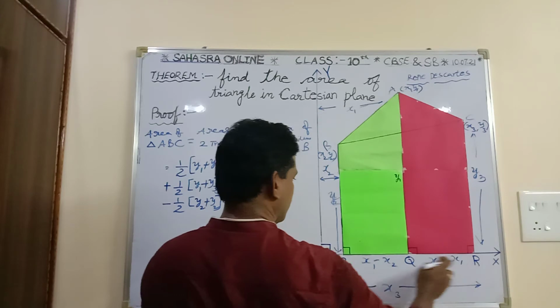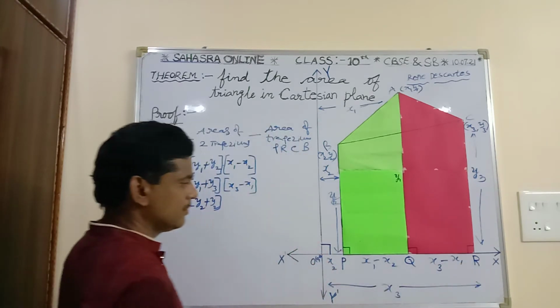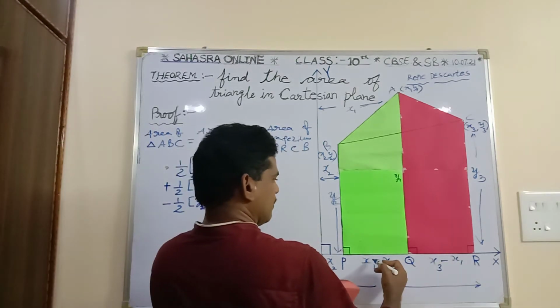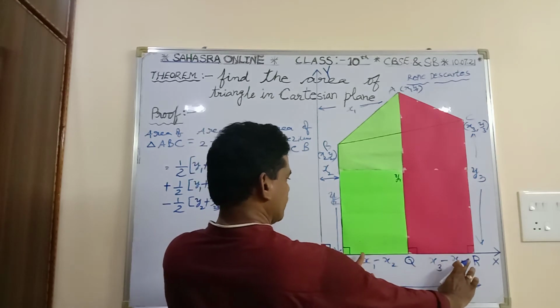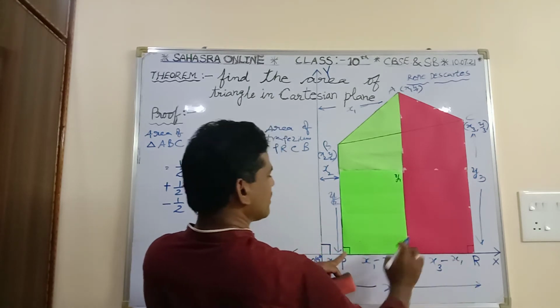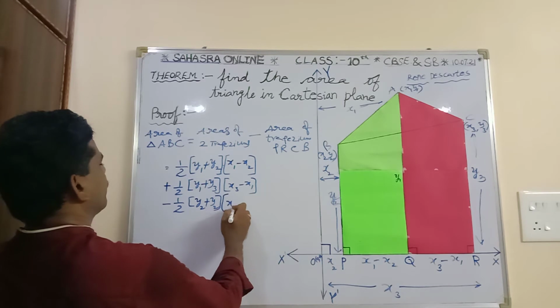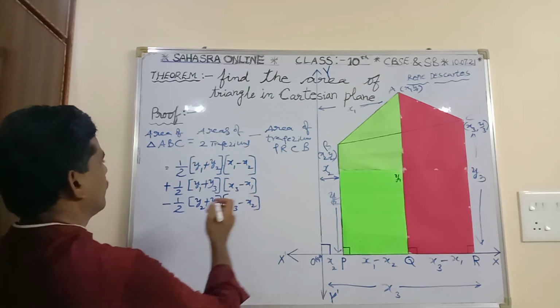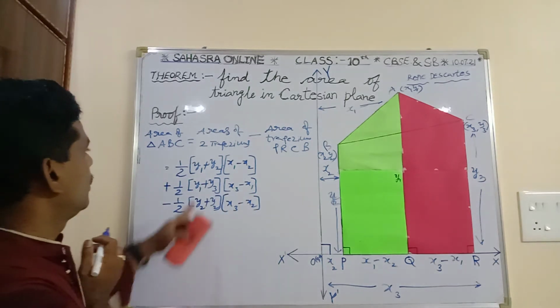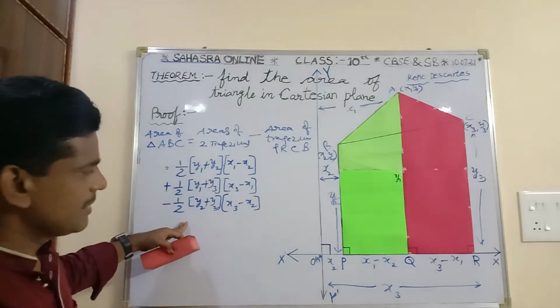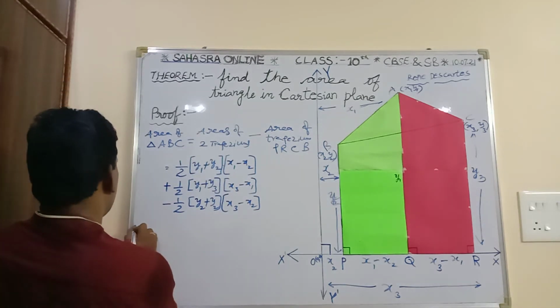PR. Do you know PR value? Just add these two, x1 minus x1 cancel, so you will get x3 minus x2. Okay, now multiply these two and subtract this value, you will get it.